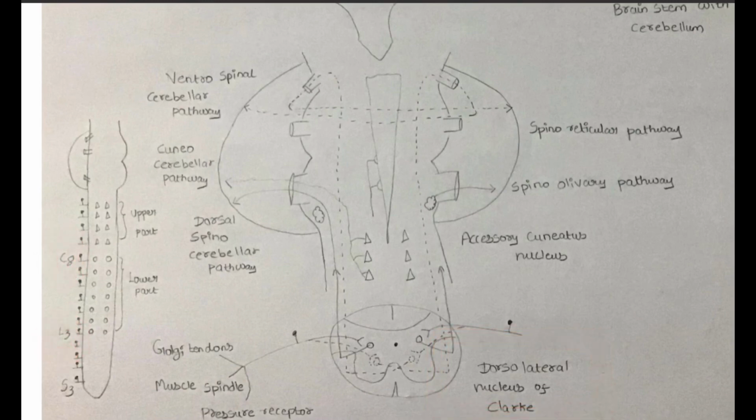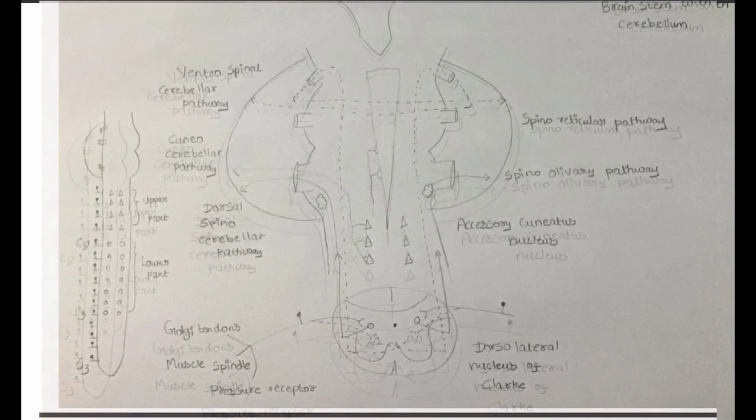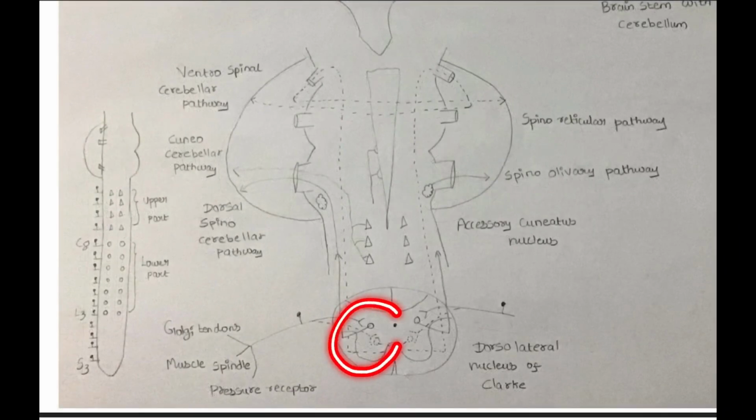Above C8 you will see the accessory cuneatus nucleus, because this dorsolateral nucleus of Clarke, as discussed in the dorsal column system, will receive sensory nerve fibers from the lower part of the body, and this accessory cuneatus nucleus will receive sensory nerve fibers from the upper part of the body.